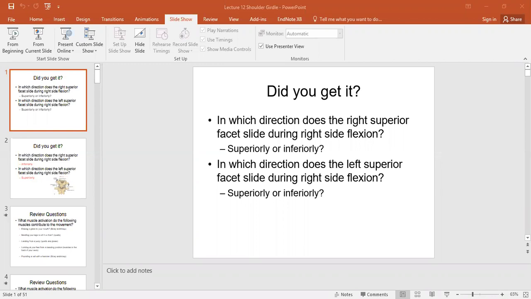That happens to be the convex on concave aspect of the clavicle. So it's going to be roll and glide opposite. So as you elevate, the distal end of the clavicle goes up, so the proximal end is going to go down. So that's the opposite motion.